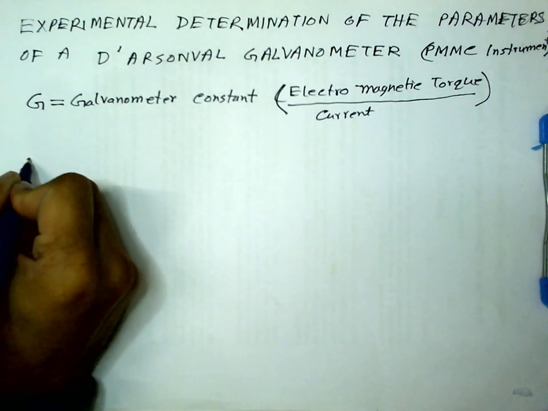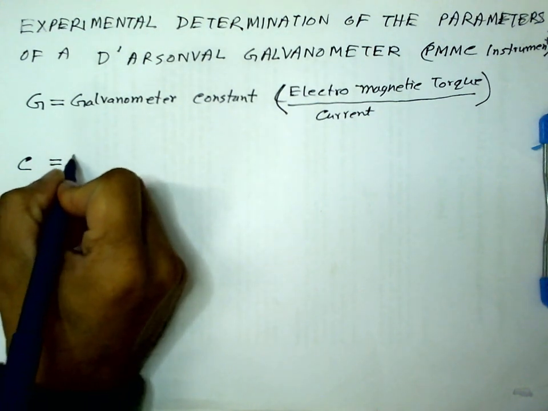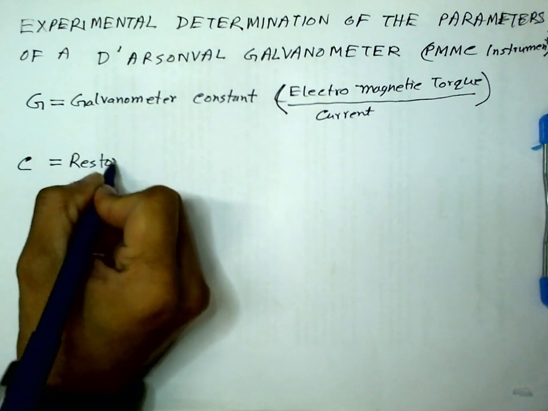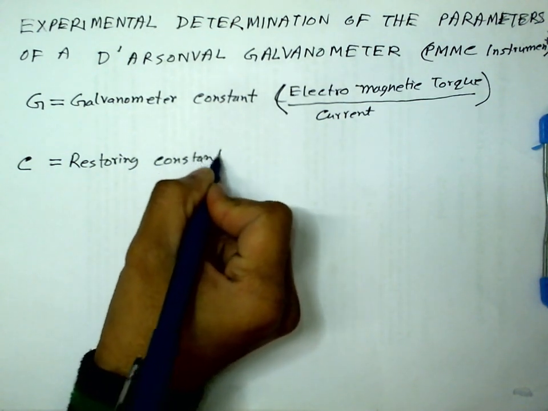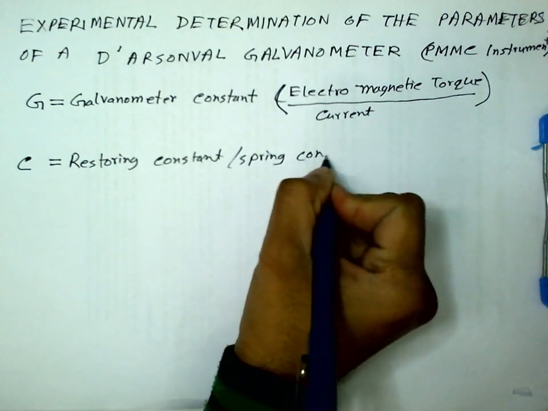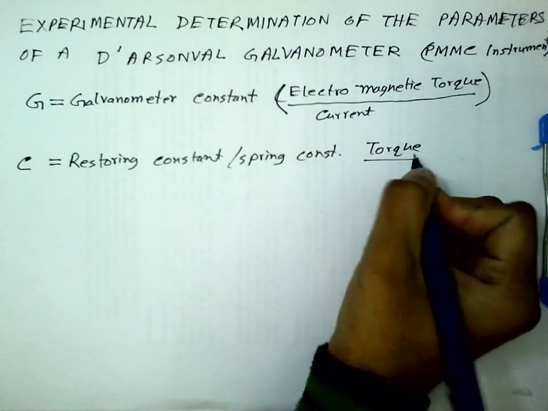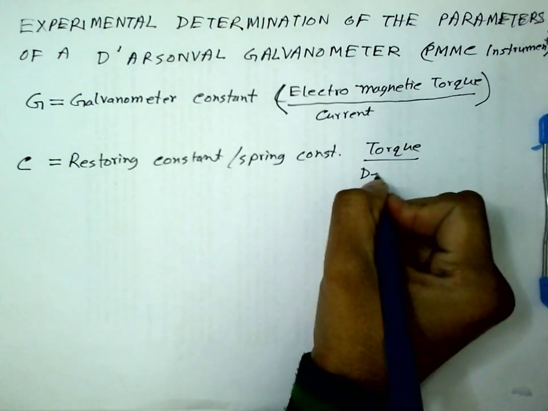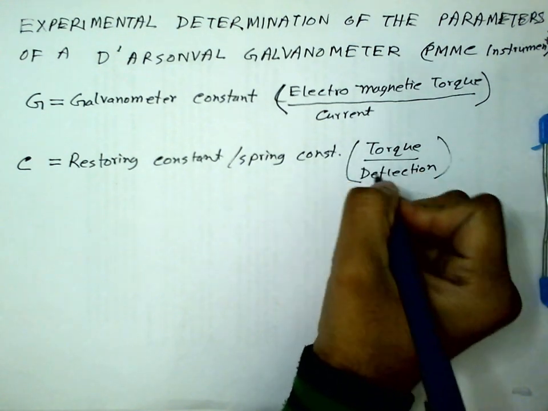Then we'll use the symbol C, and we'll call it the restoring constant, or basically the spring constant, and this is the torque per unit deflection produced by the spring.